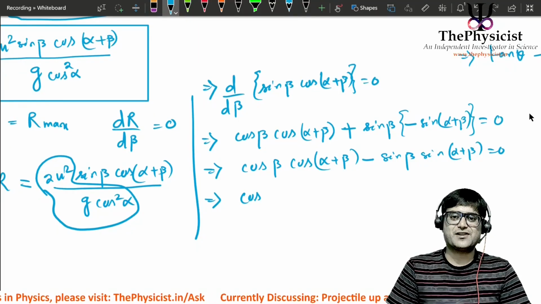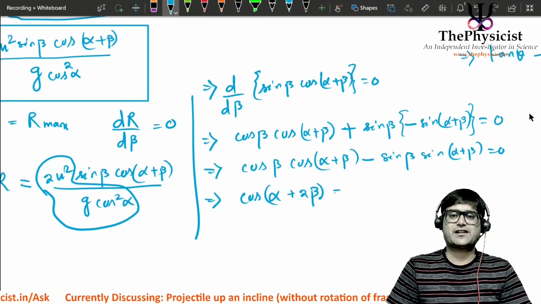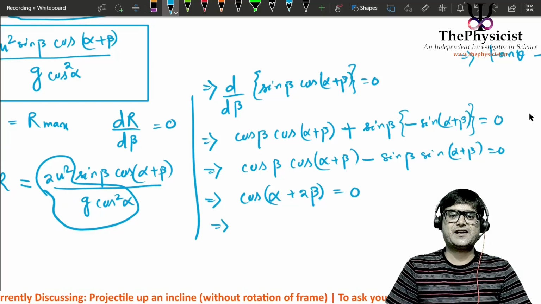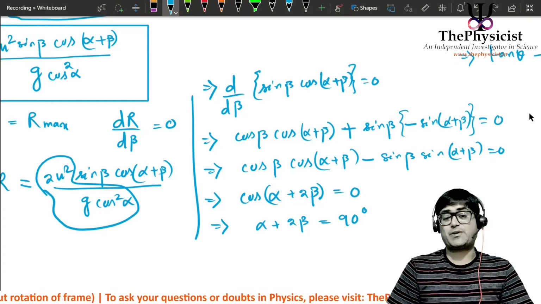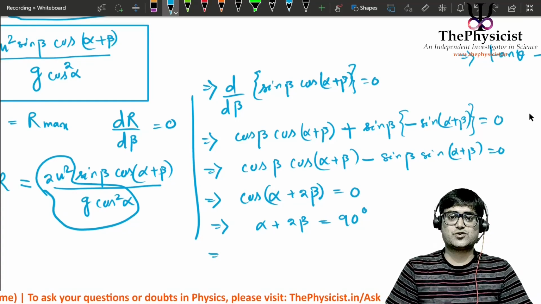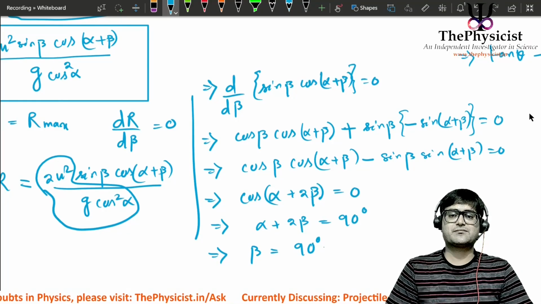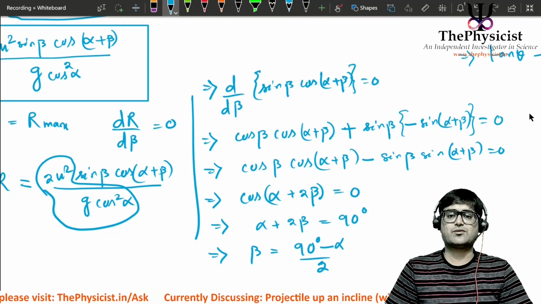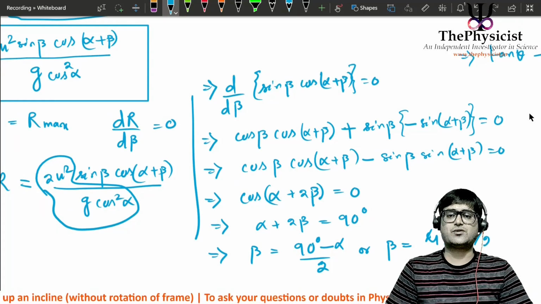So just add them. It's going to be alpha plus 2 beta, and that will be 0. If that is the case, then alpha plus 2 beta must be equal to 90 degrees or pi by 2, whatever you choose. Then beta would be 90 degrees minus alpha by 2, or you can say beta is equal to 45 degrees minus alpha by 2.